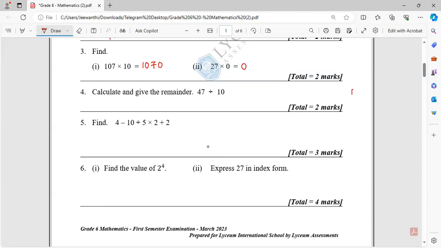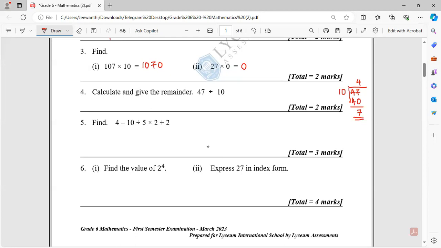So then here, 47, you want to divide this by 10. 10 times 4, 40. Then the remainder is 7. So then how can you write, calculate and give the remainder? This is kind of a tricky way the question has been asked, that you have the doubt whether I should write the answer and the remainder, only the answer, or only the remainder.